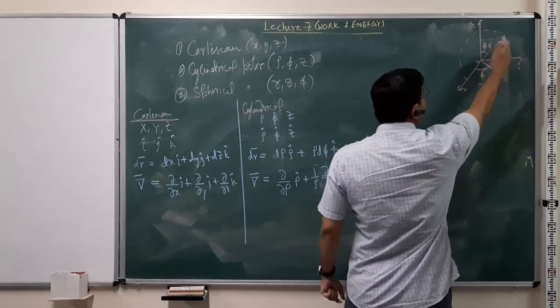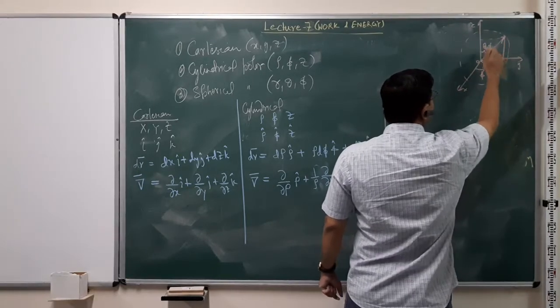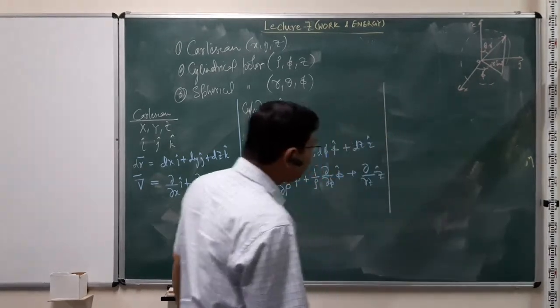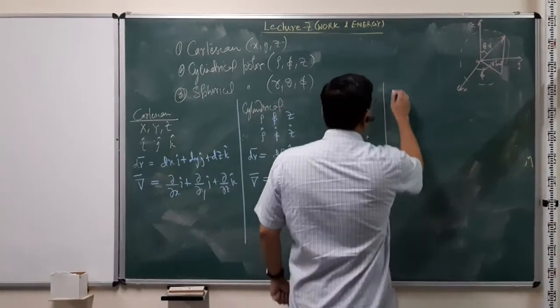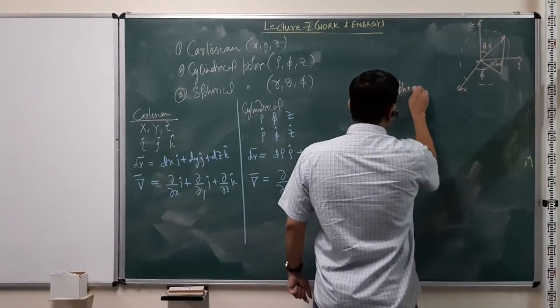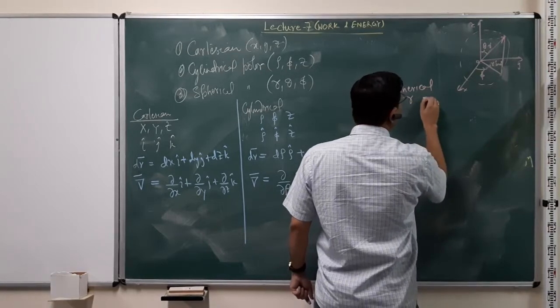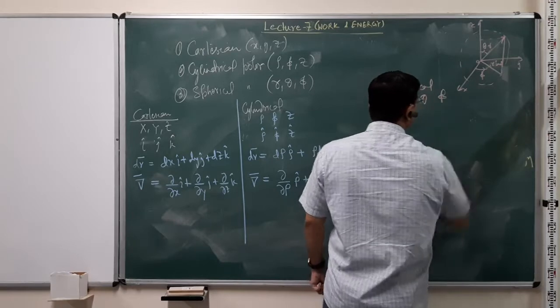So all we have to find out is this distance r, the angle it makes with the z direction, and the angle its projection makes with one of the coordinates, x here, right? So we will write it as spherical polar coordinates: r, theta, phi.